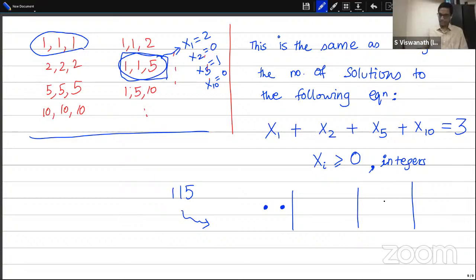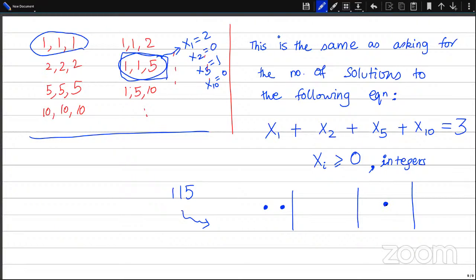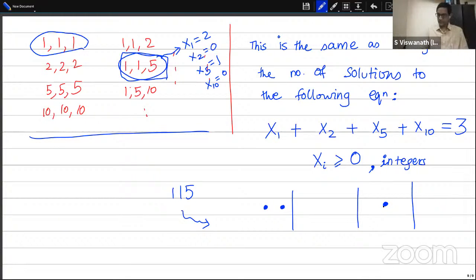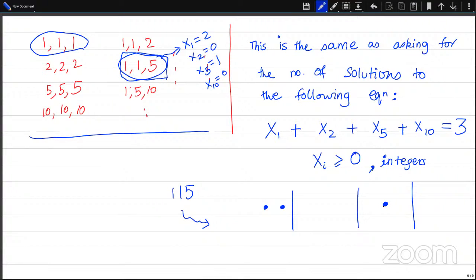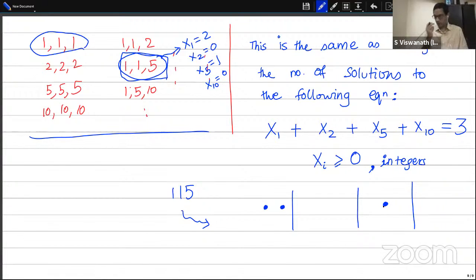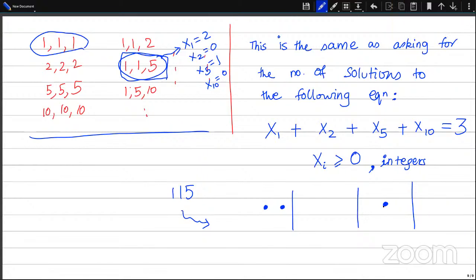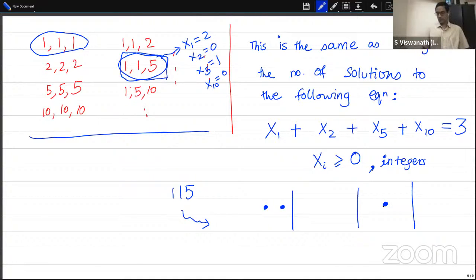In the third box, I'm putting only 1 dot. And to the right of that line, I'm not putting anything. So corresponding to the selection 115, this is my pictorial representation. Okay, wonderful. And by permuting these symbols, we will get every possible solution. Okay, great. Thank you. I understood what you wanted to say.